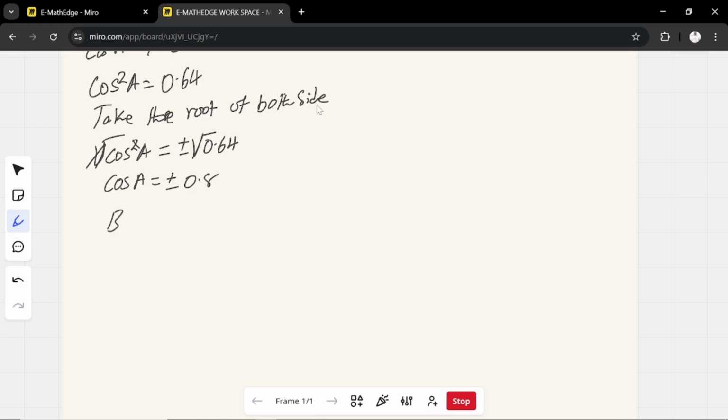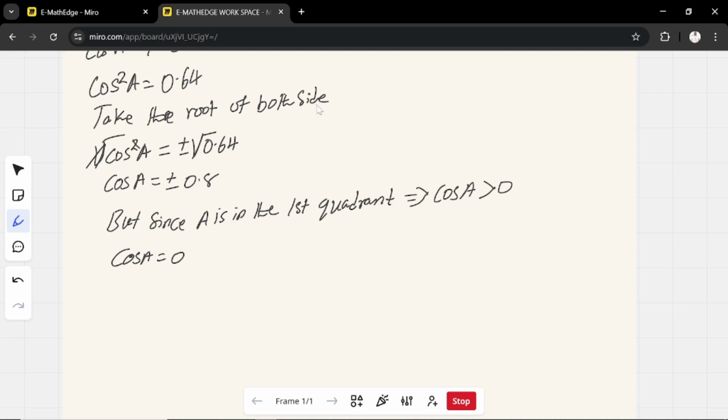But since A is in the first quadrant, this implies that cos A should be greater than 0. So cos A cannot be a negative number. So automatically, cos A is going to be 0.8.